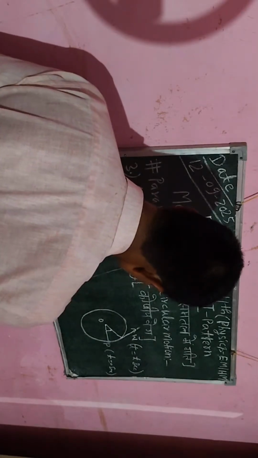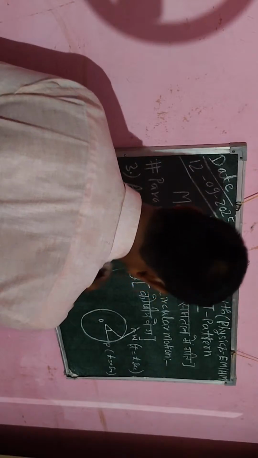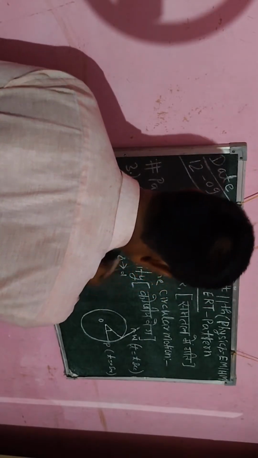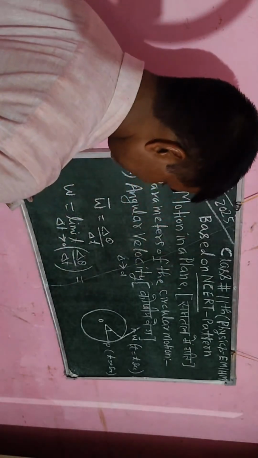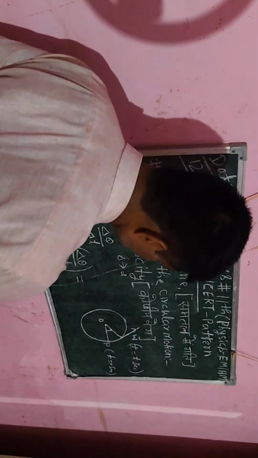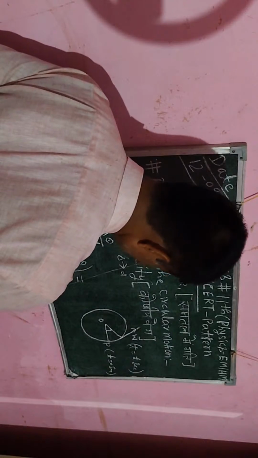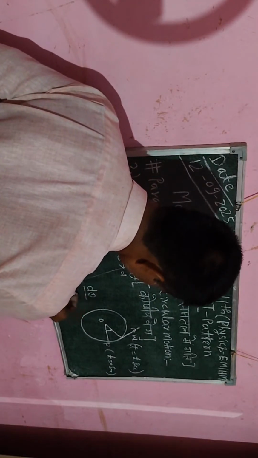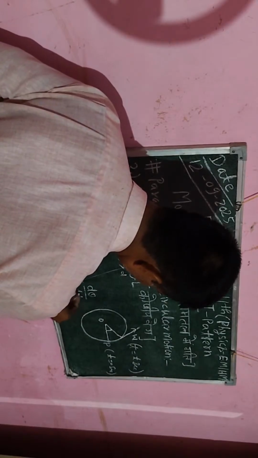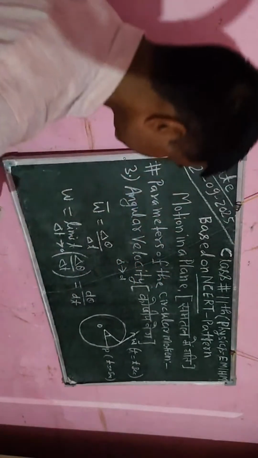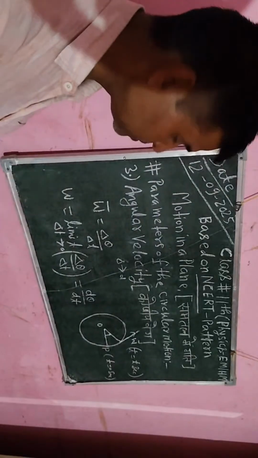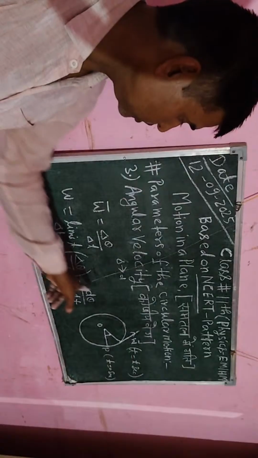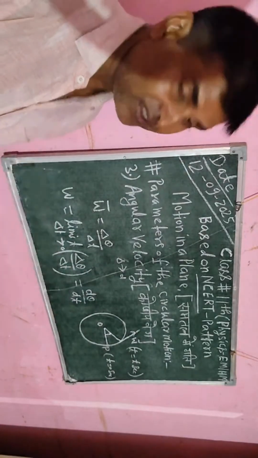After simplification, this delta changes to a small d. Delta is also a change in angle, and delta is also a change in time. So here I will write d theta divided by dt. This is the expression for angular velocity, so angular velocity is equal to d theta divided by dt.